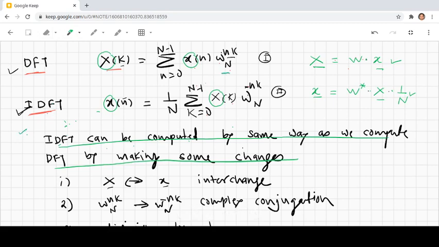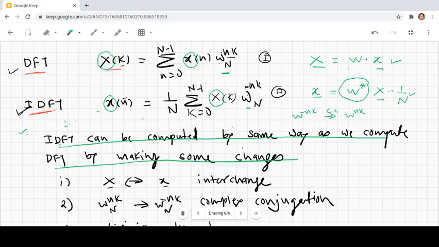However, the IDFT requires W raised to minus nk terms, and W raised to minus nk is actually the complex conjugate of W raised to nk. So we say that the IDFT requires complex conjugate terms, so use complex conjugate terms while evaluating the IDFT.